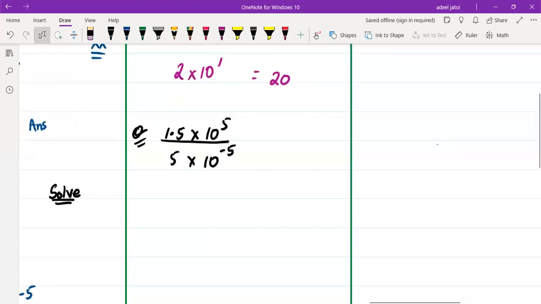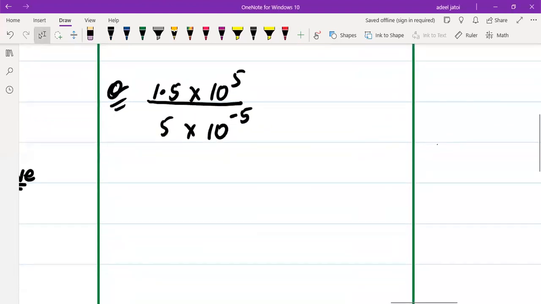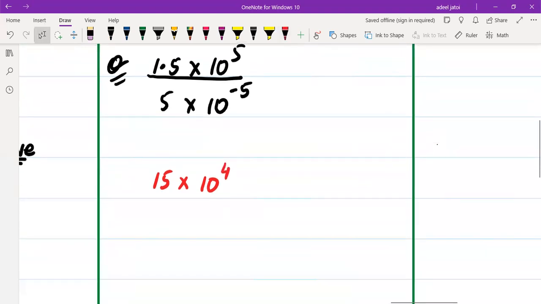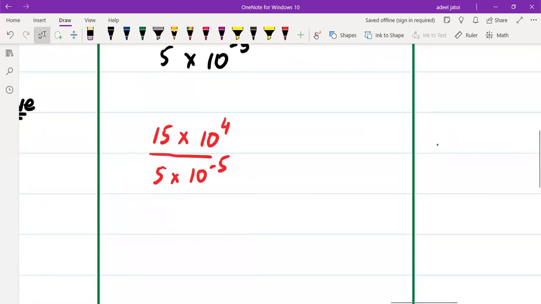So here's another example. It says 1.5. So can we just write this thing down as 15 into 10 to the power 4? Since we move from left to right, the power should be subtracted. So this should be 15 into 10 to the power 4 upon 5 into 10 to the power negative 5. So 15 divided by 5 is 3 into 10 to the power 4 minus negative 5.